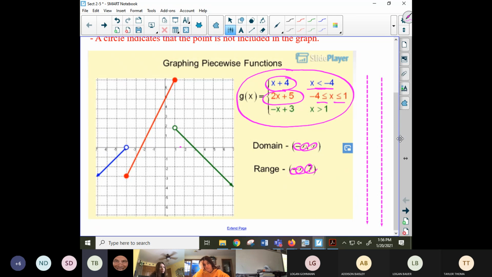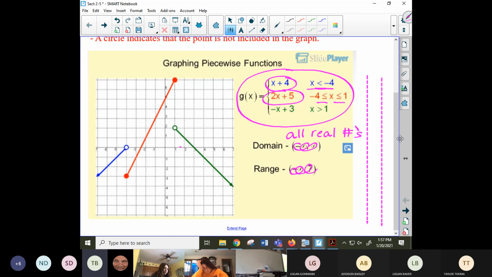But if you go down, that point is defined here because there's a closed circle. Then when you go across to 1, notice one of them is open, one of them is closed. And that'll always be the case. You'd never have a case where they're both open or they're both closed, okay? And then when you go across the rest of the way, this green line is going to cover all those points. So your domain for every single one today is going to be all real numbers.